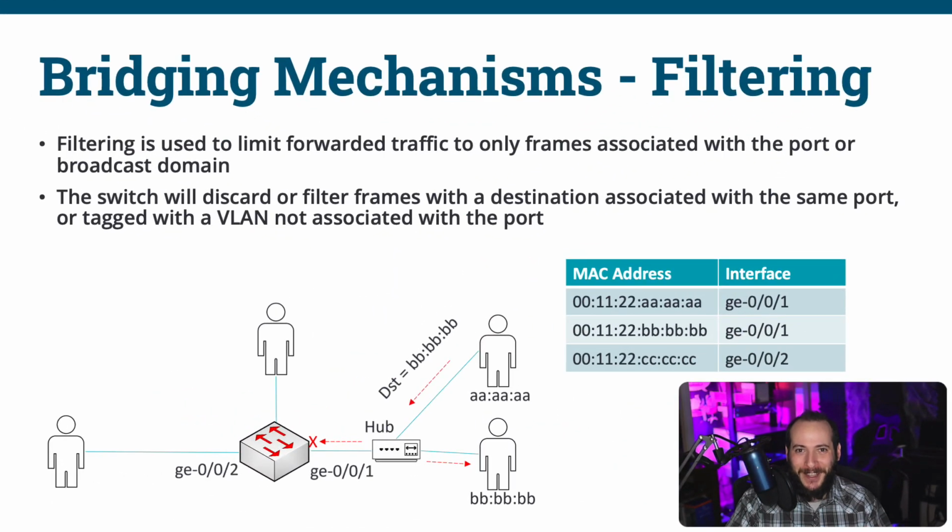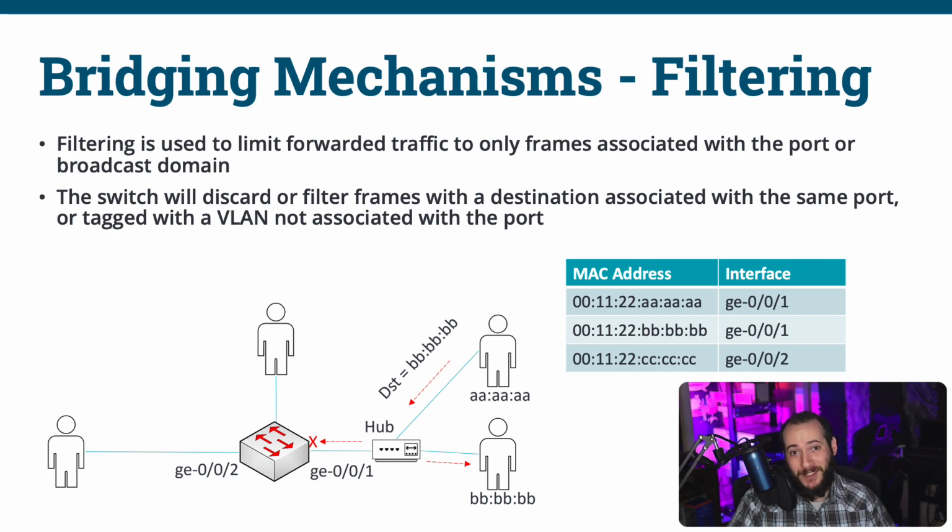The filtering mechanism is used to drop traffic, which should not be forwarded. A switch will filter traffic to ensure only frames associated with the port or broadcast domain are accepted and forwarded. As we learned previously, a VLAN represents a broadcast domain, where a broadcast domain consists of all ports and links that a broadcast frame would be flooded to.